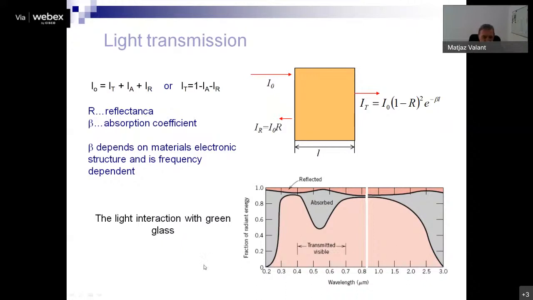So here we see one example of a light interaction with green glass, and you see that at different wavelengths, different processes are dominating. There is almost no reflected light from the glass, just a little bit, but quite a lot of absorbed, especially at the lower and higher wavelengths, but also somewhere in the middle, especially around the green color, the absorption is intensive. This is what actually gives the glass the green color.